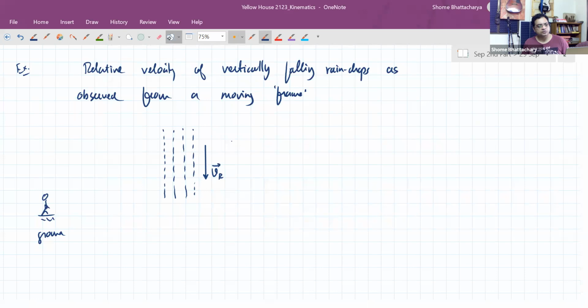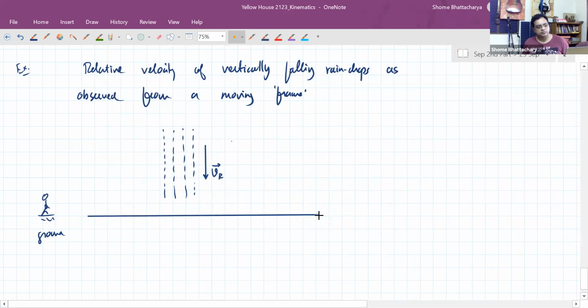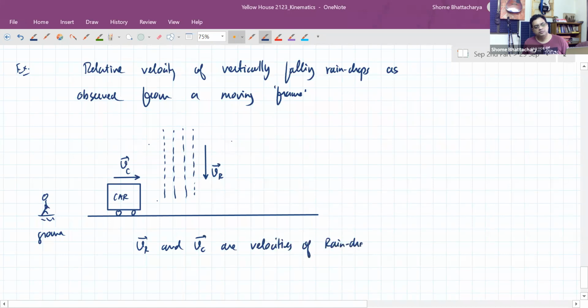But at the same time, we are also observing that there is, let's say, a vehicle that is moving with a velocity vector like this, horizontally. So VR and VC are velocities of the raindrops and the car, respectively, as seen in the ground frame.